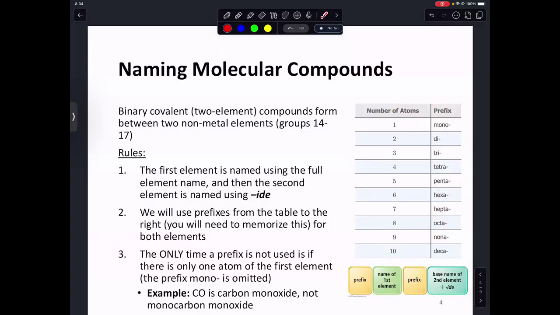The only time we will not use the prefix is when there is only one atom of the first element. In this case, the prefix mono, or one, is ignored. An example here is CO, which is carbon monoxide, not monocarbon monoxide.